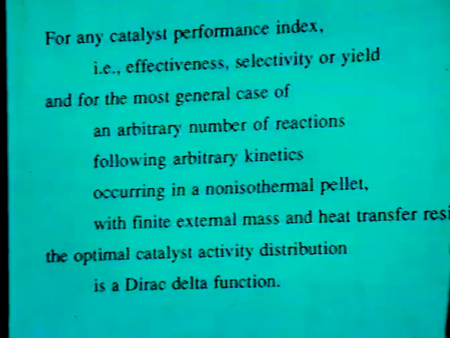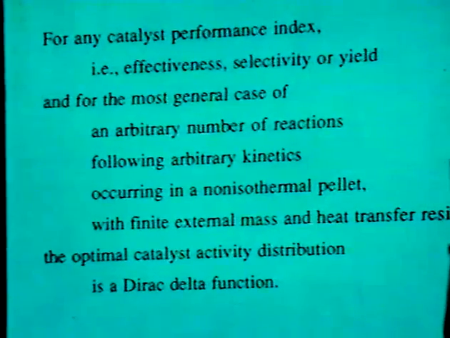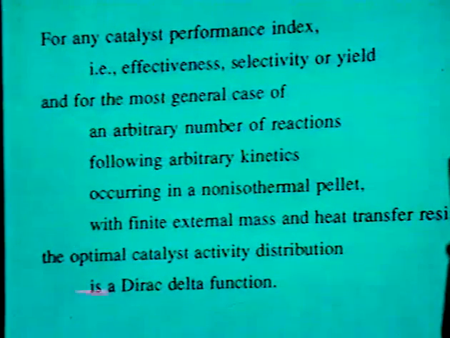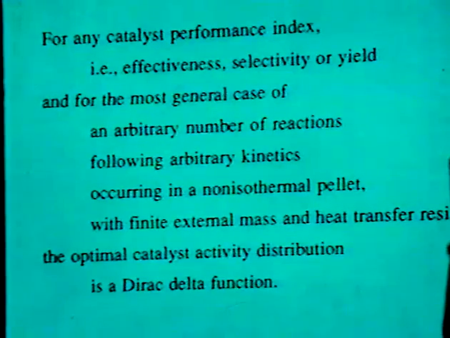And there could be either finite external mass and heat transfer resistances or not. So in the most general situation, the theoretical result is that the optimal catalyst activity distribution, the distribution of the catalyst within the support, is a Dirac delta function.